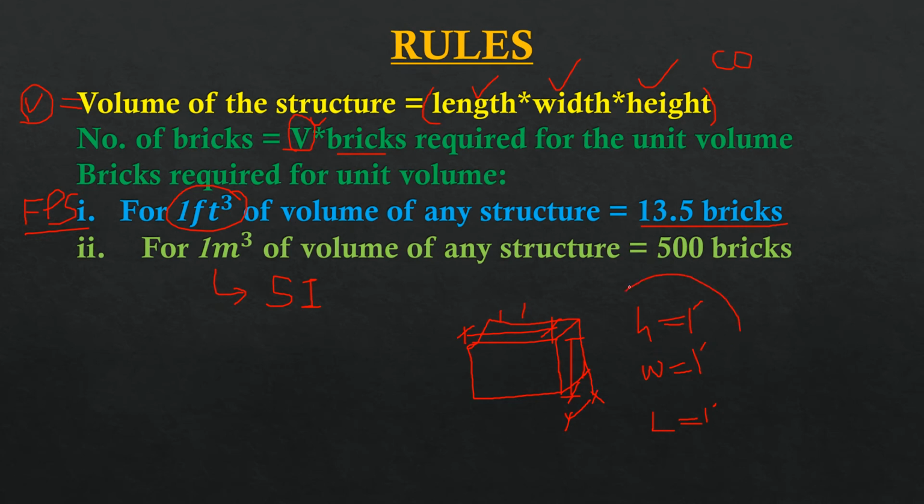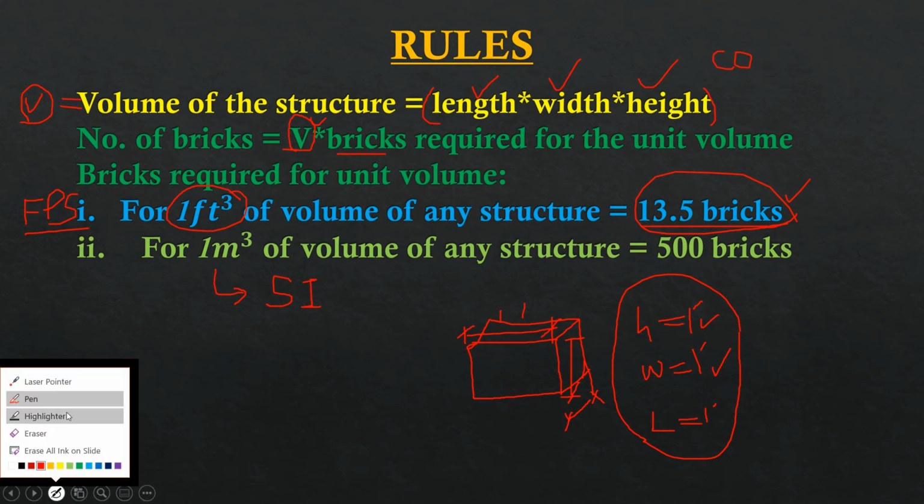So if a wall is 1 foot high, 1 foot long, and 1 foot wide, then the number of bricks required by such a wall is 13.5. So we will need 13.5 bricks for a wall of 1 foot height, 1 foot width, and 1 foot length.